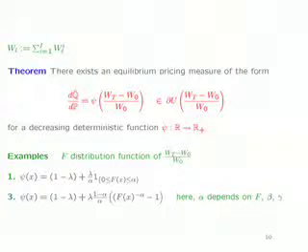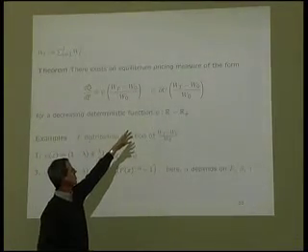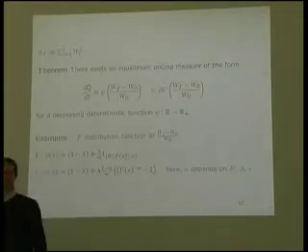And the result is that there exists an equilibrium, and the equilibrium is of this form. The pricing measure, or rather the Radon-Nikodym derivative of the pricing measure, is a deterministic function of the return rate of the market endowment. And this will be in the superdifferential of this random variable.